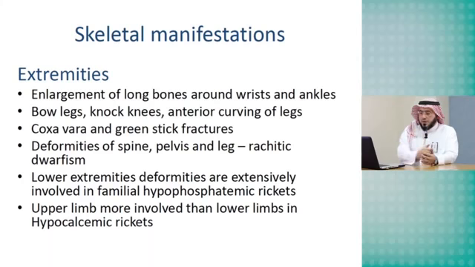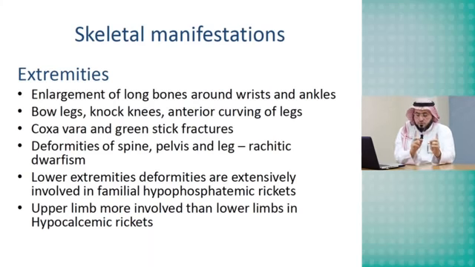Then we go down from the head to the extremities, where we'll find enlargement of the wrist and the ankle. The bone will be widened at the wrist joint and the ankle joint because of defective mineralization.